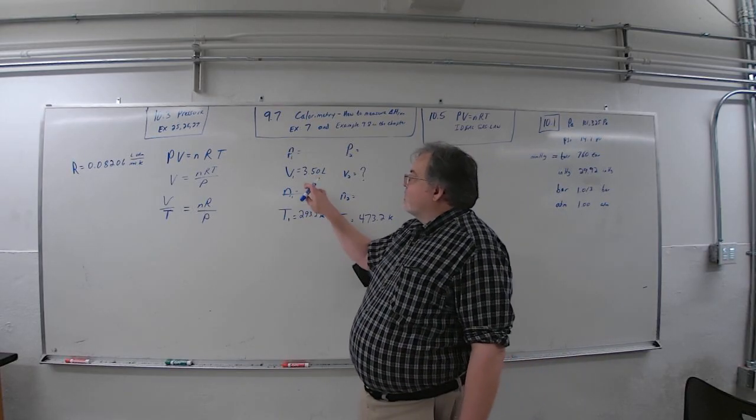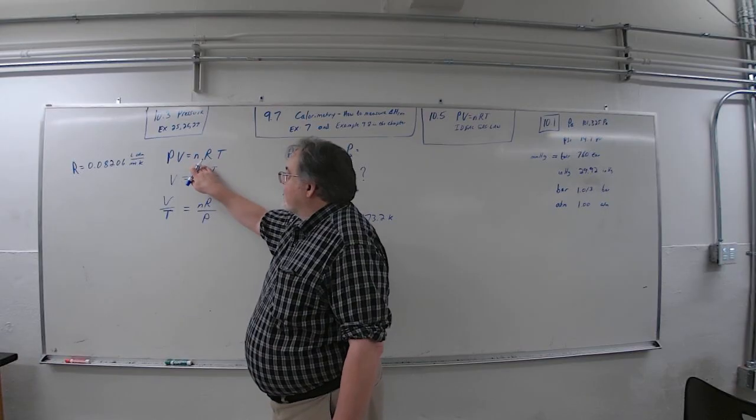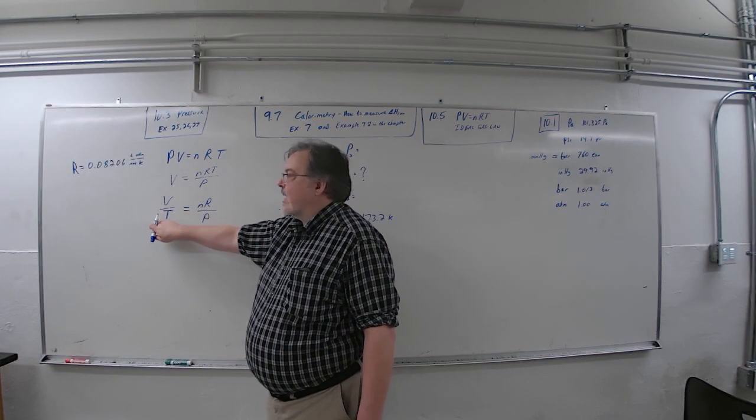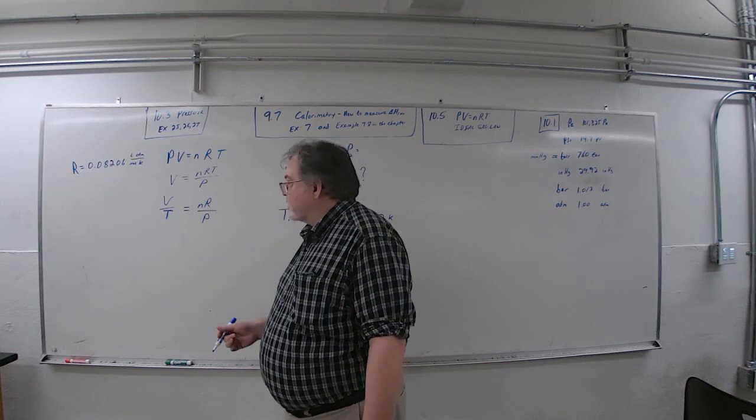So I decided that moles and pressure are not changing, volume and temperature are changing. I started with this formula, and I worked it so that I had the things that are changing on the left and the things that are not changing on the right. You with me?